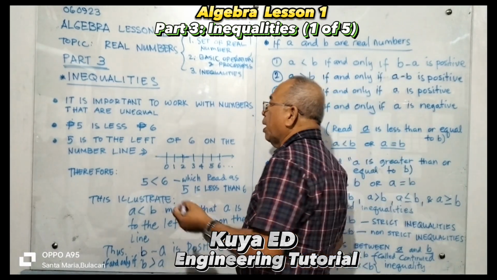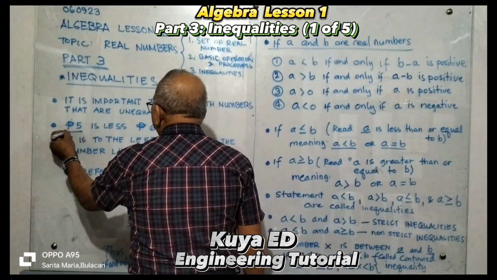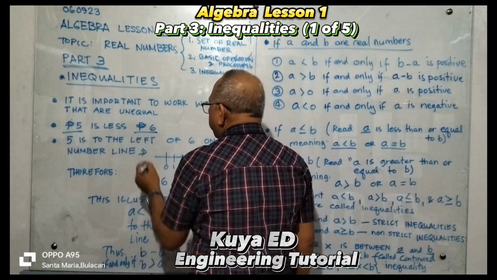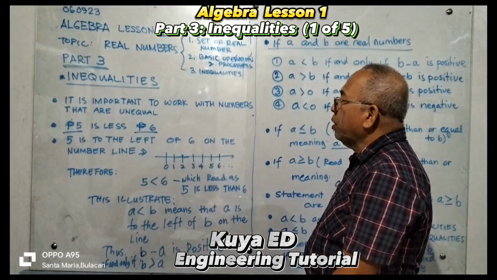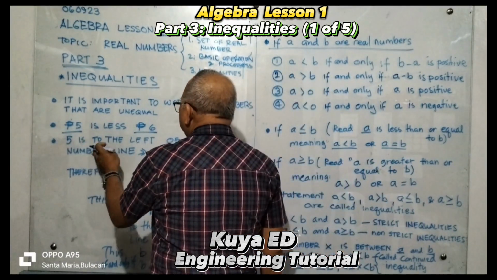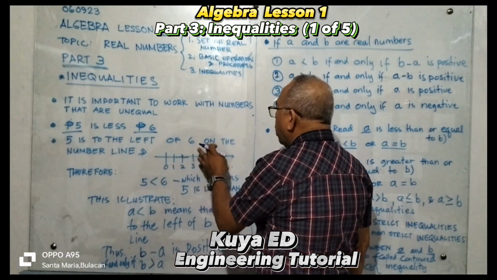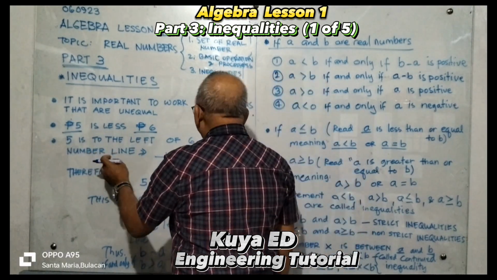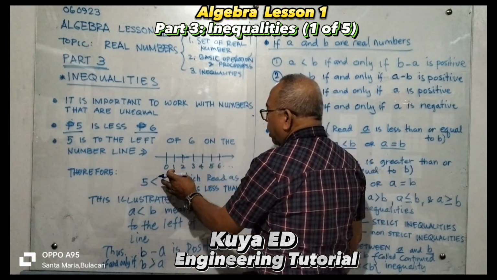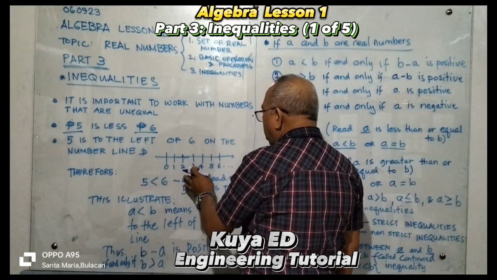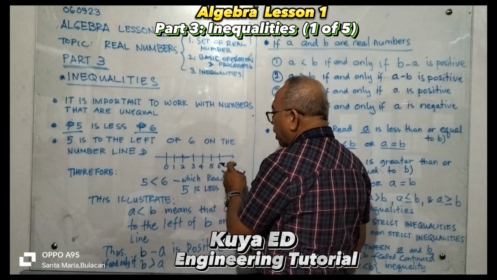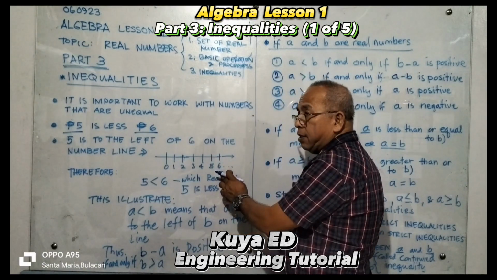For example, dito daw, ang 5 pesos is less than 6 pesos. Kung isulat daw natin ito, 5 is to the left of 6 on the number line. So, kung ito yung number line natin, 0, 1, 2, 3, 4, 5, 6, ang 5 ay nasa left of 6.